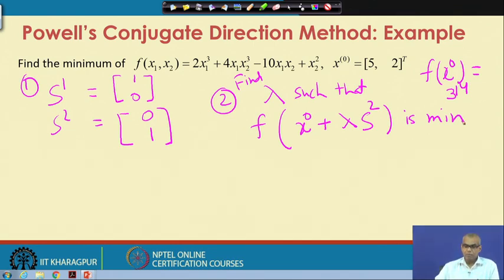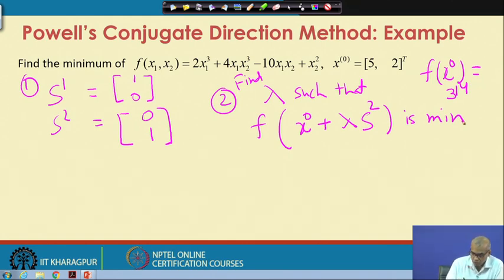So, basically you are performing unidirectional search along S 2 to minimize the function. So, find the value of lambda. How will you do that? You can make use of the unidirectional searches that you have learned.